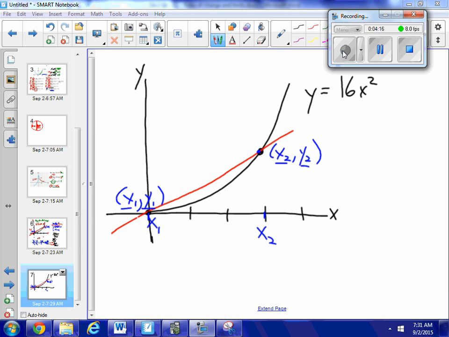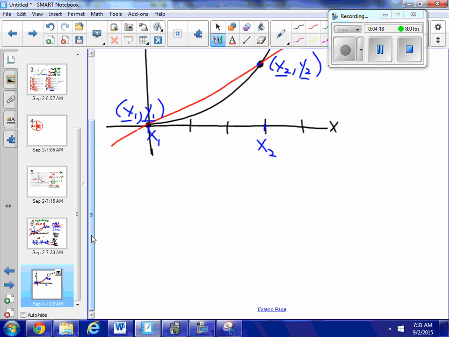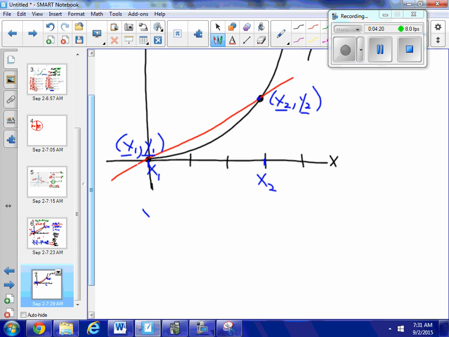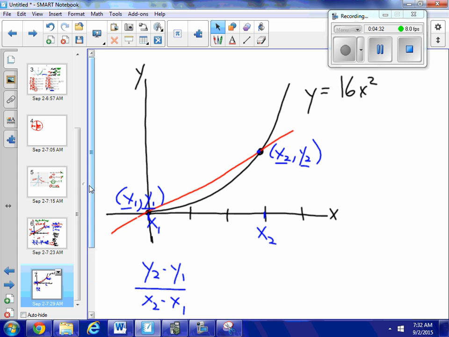So again, we could have had our slope written as y sub 2 minus y sub 1 over x sub 2 minus x sub 1. But I want to change it around just a little bit. So we have our function. In this case, our function is 16x squared, but let's just call our function f of x. How unique, how clever.